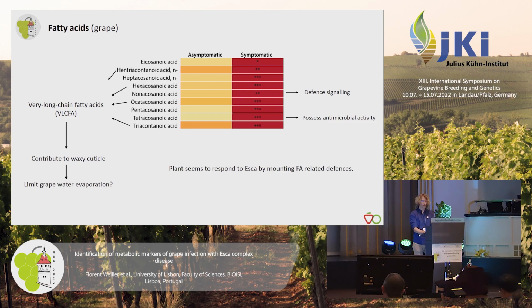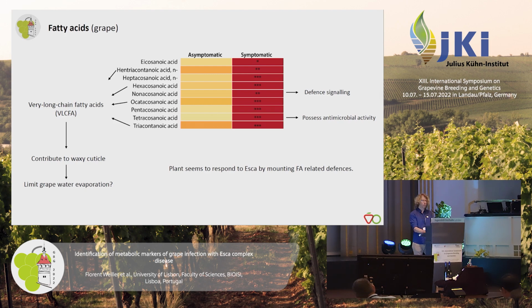Here, it's quite interesting because another project that we are working on, also on Esca, has shown that berries undergo a certain number of symptoms that seem to be typical of a drought stress.